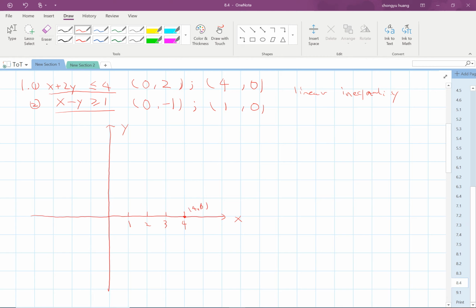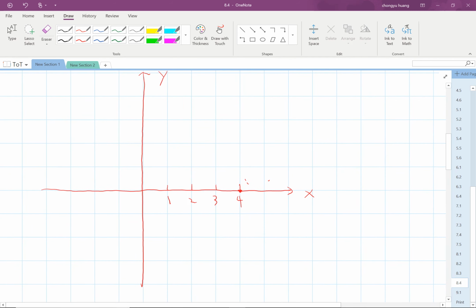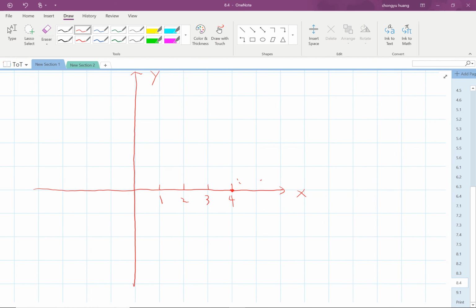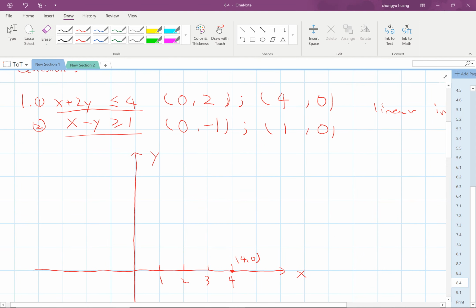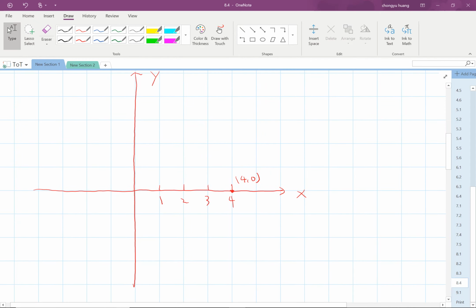Sorry for the writing, let me write a little more clearly. Our first point is (4, 0), and our next point is (0, 2).